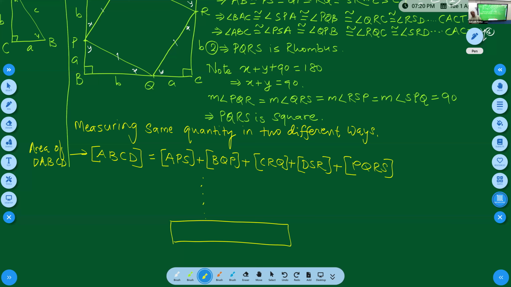Measuring the same area in two different ways. Nobody is supposed to talk. You should show me the identity after simplification that you get.